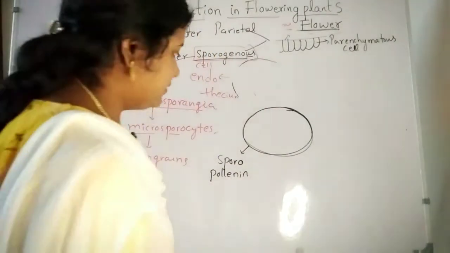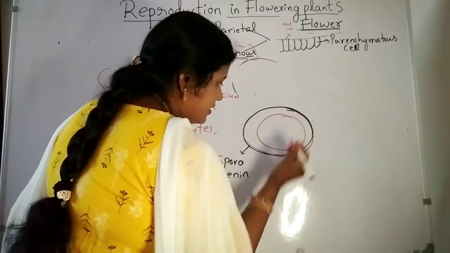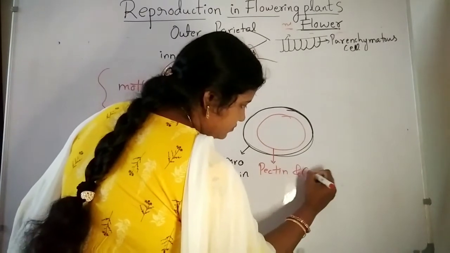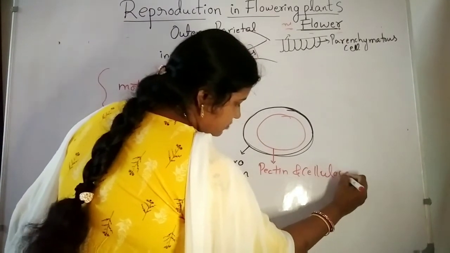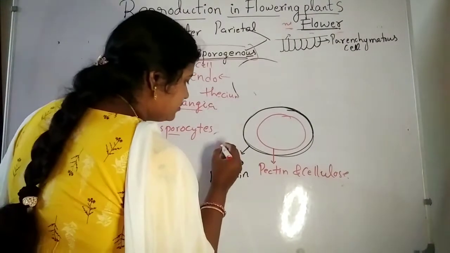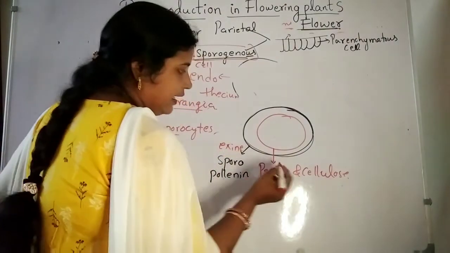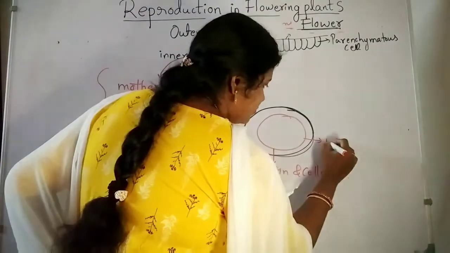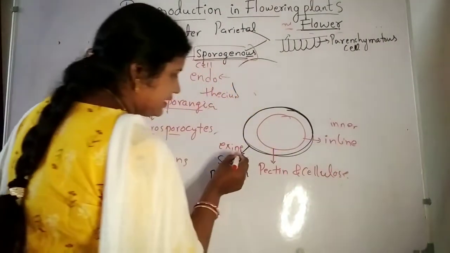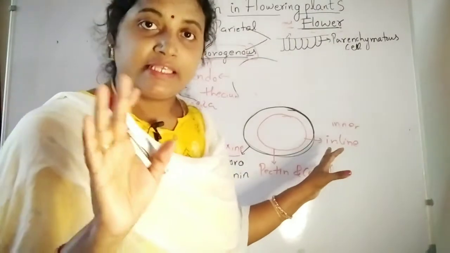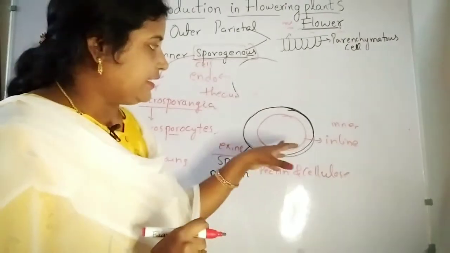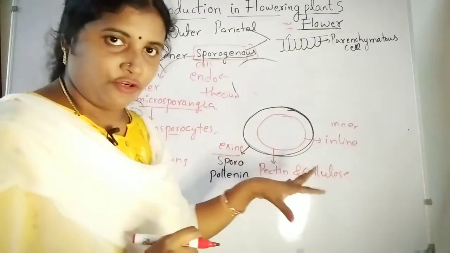And then the inner layer is formed with pectin and cellulose materials. These are the two tough layers. So the outer layer is known as exine and the inner layer is known as intine. Exine layers are made up of sporopollenin and inner layers are made up of pectin and cellulose.